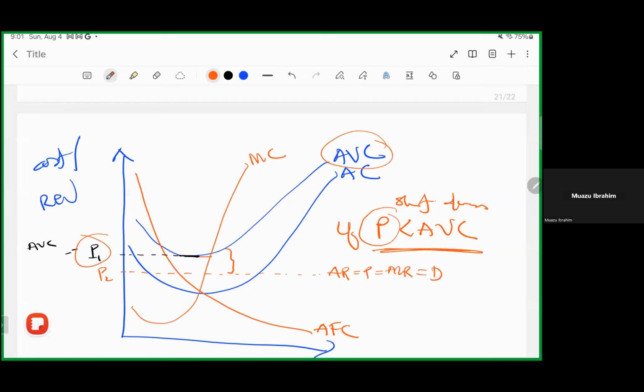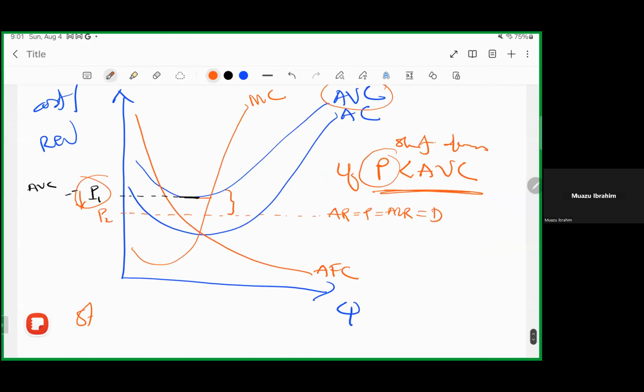So firms should stop production if price falls below P1. Stop production if price is less than P1 from this diagram, because at that point your average variable cost will be more than the price.